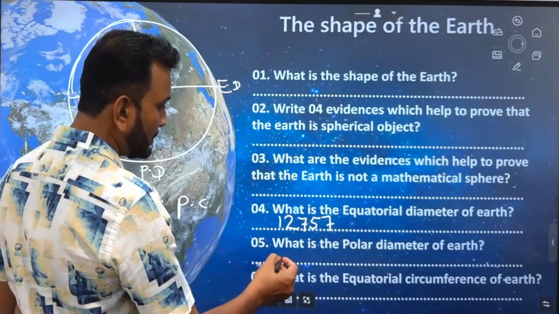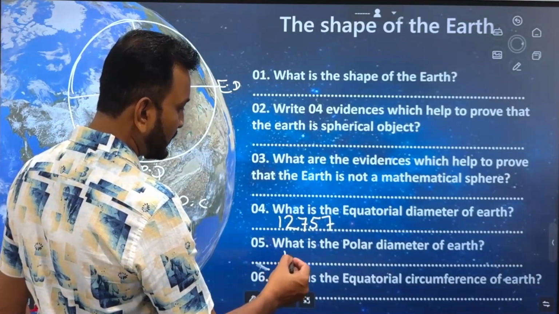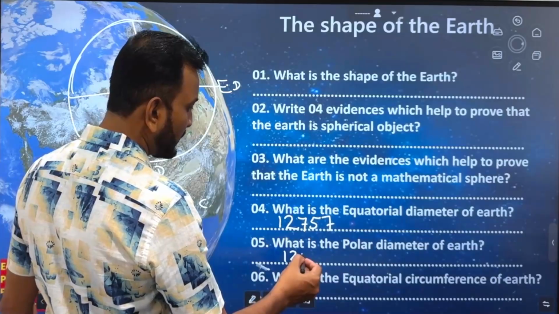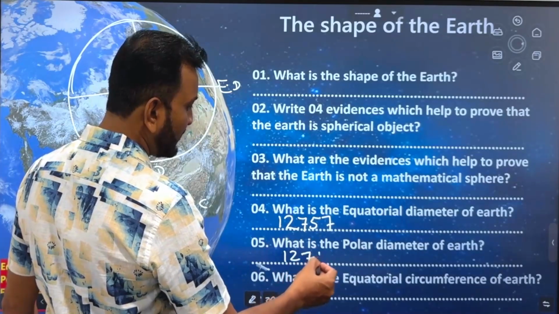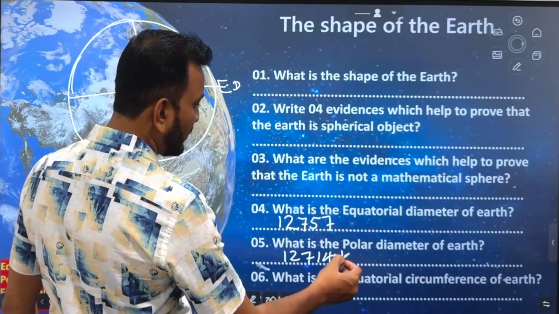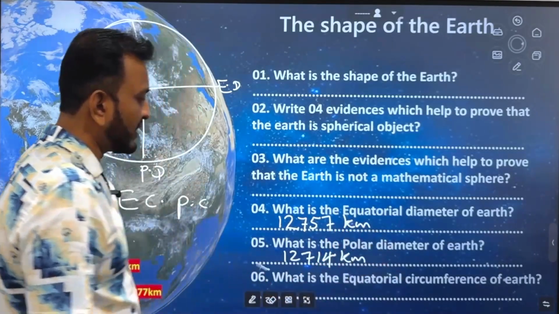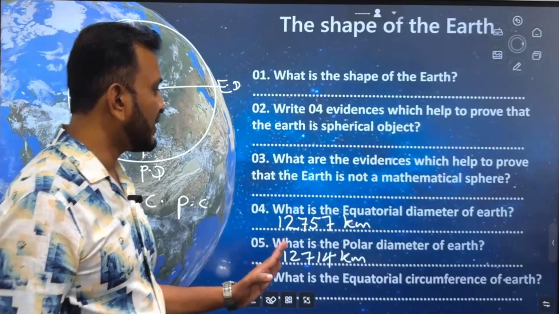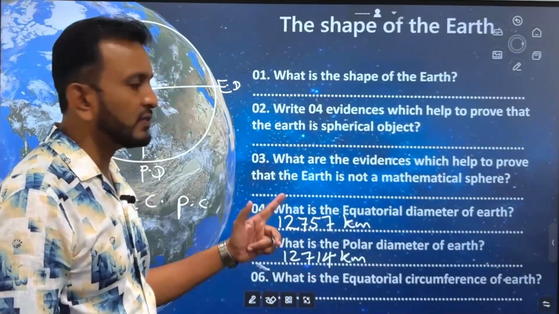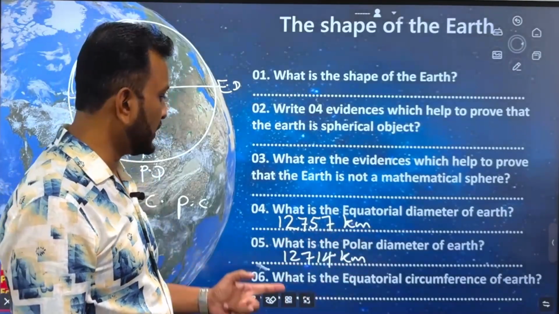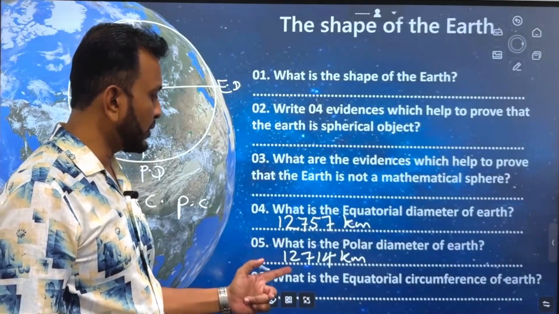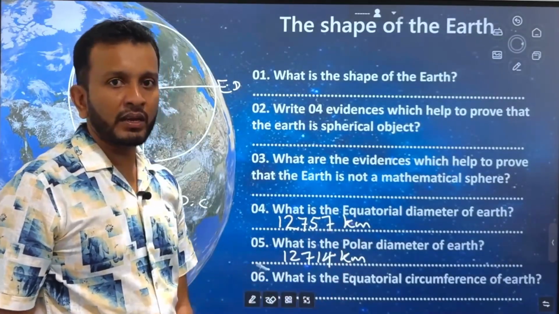Polar diameter: 12,714 kilometers. Okay, what is the difference? The equatorial diameter is 12,757 kilometers. The polar diameter is 12,714 kilometers.